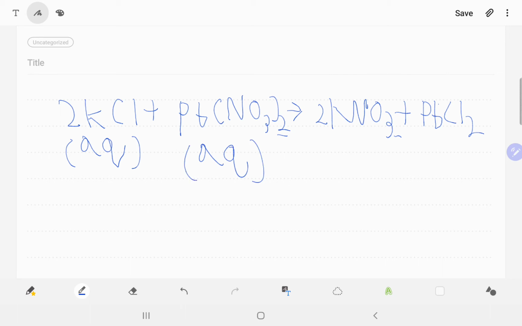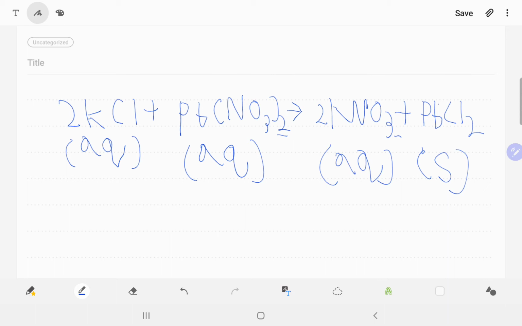You'd do the same thing with KNO3, and you'd see that this is aqueous. PbCl2 would actually be a solid due to Pb being in the solubility table, which makes PbCl2 a solid.